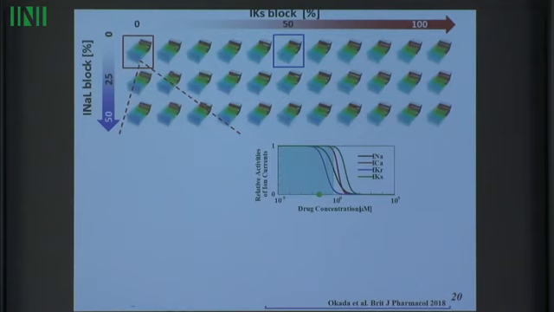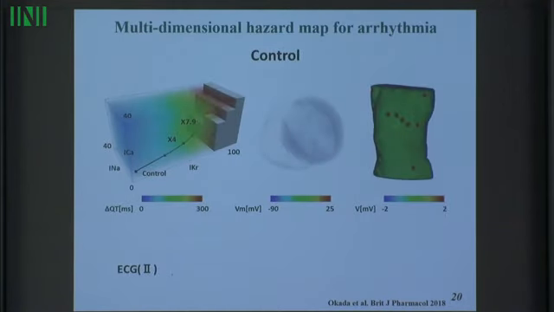For instance, if we want to analyze this drug up to this concentration, because the IKs and sodium inhibition is virtually nothing, we can only use this subspace. This is an example.